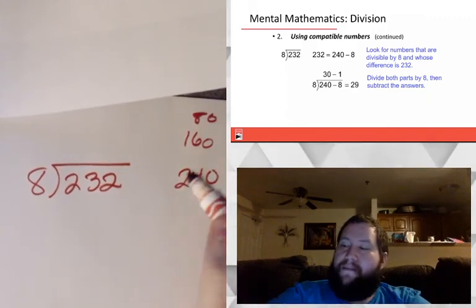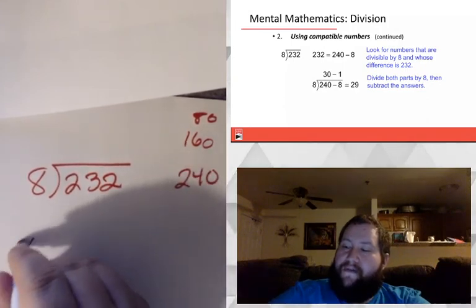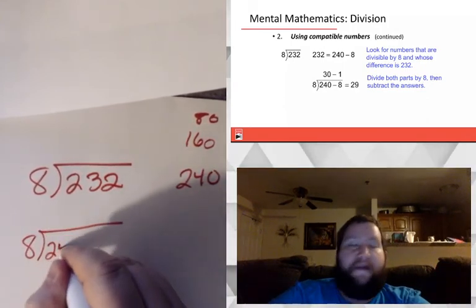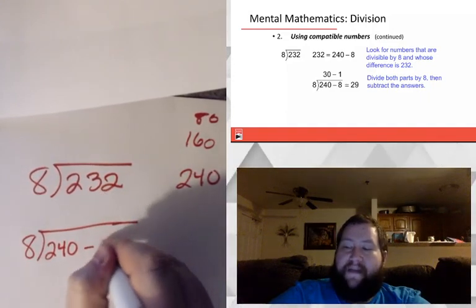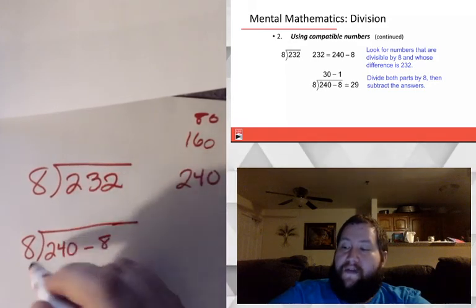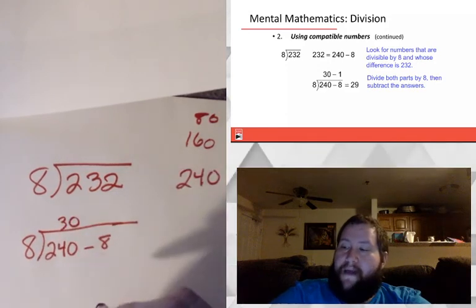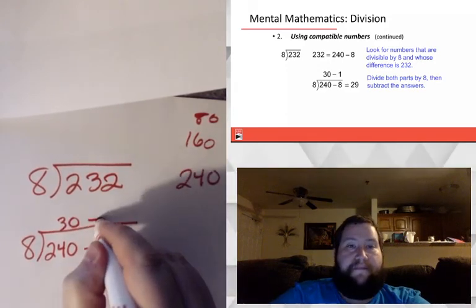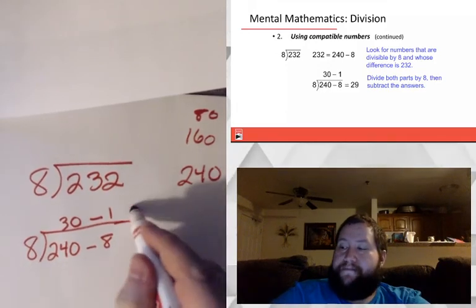So 240. So this is the same as saying 8 divided into 240. And then we have to take some away. We take 8 of them away. 240 minus 8 is 232. And so we have 8 times 30 minus 1, which is 29.